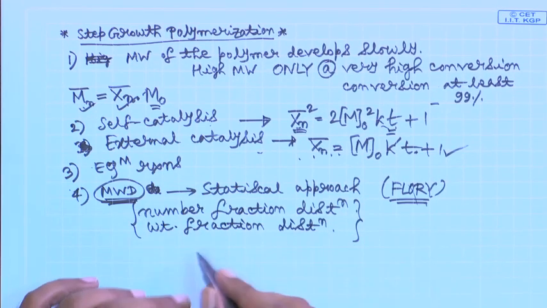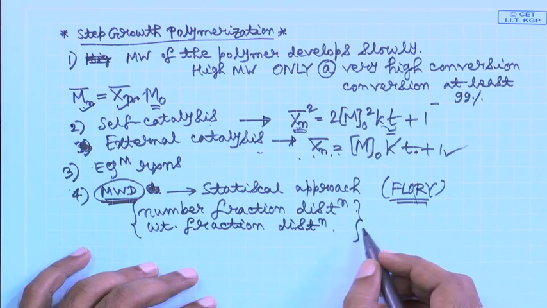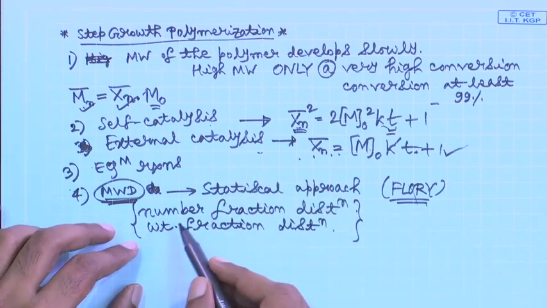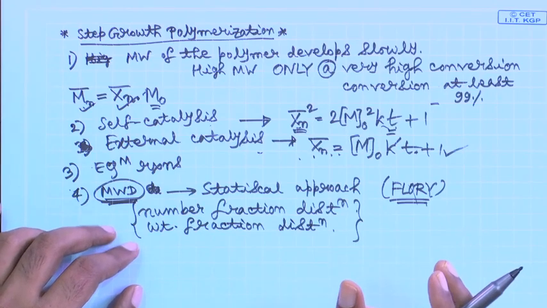And ultimately from this we found that even at very large conversion, number wise, if you look at, you still have the number of monomers the most, even if the reaction has progressed to a large extent.